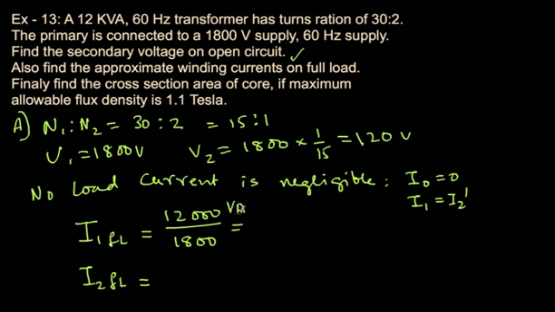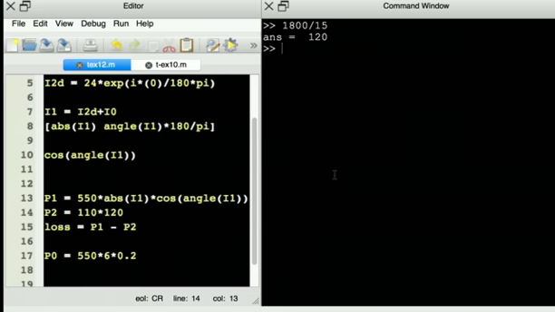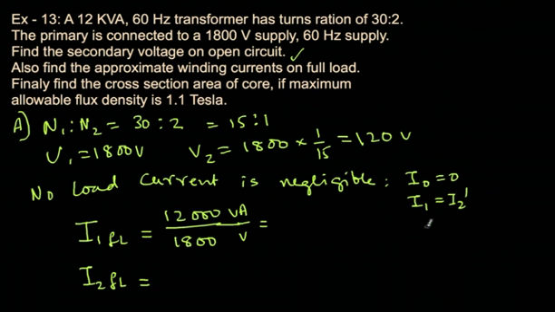VA divided by V will give me the amperes. 12,000 divided by 1800, so 6.67 amperes.